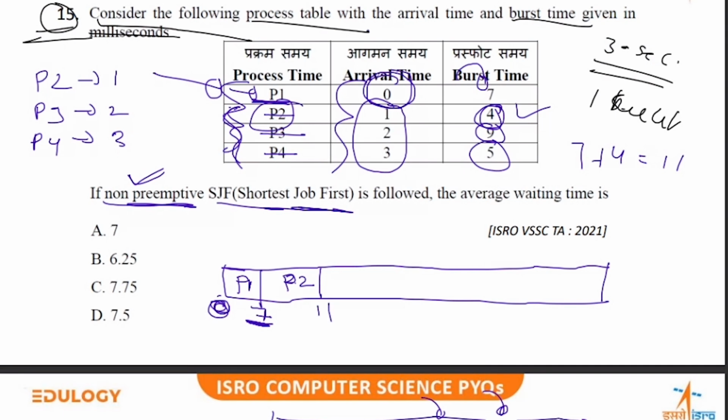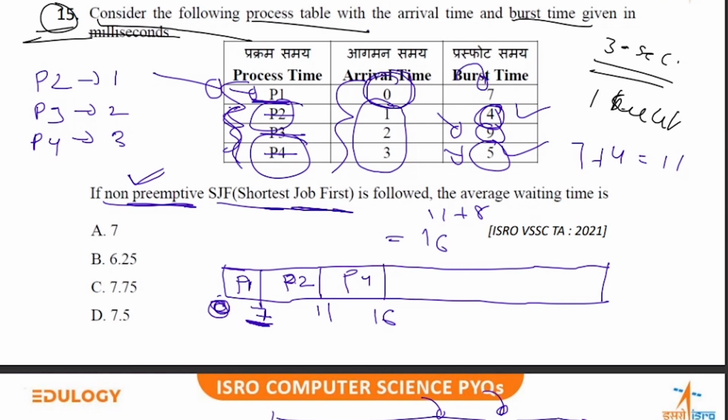Okay, now what will happen? See again 9, 5. Which is smallest? 5, process P4. So P4 will take the CPU and start its execution. It will finish at 11 plus 5, we have to add simply, so it is 16. At 16, P4 will finish its execution.